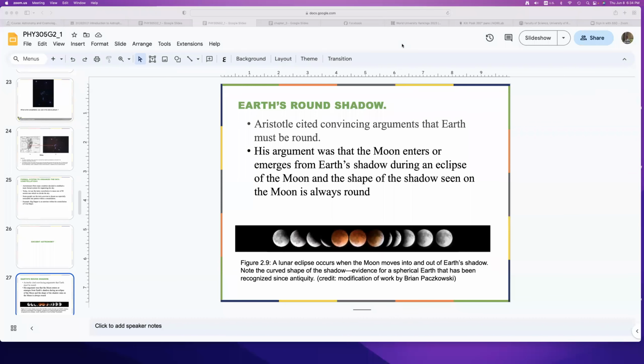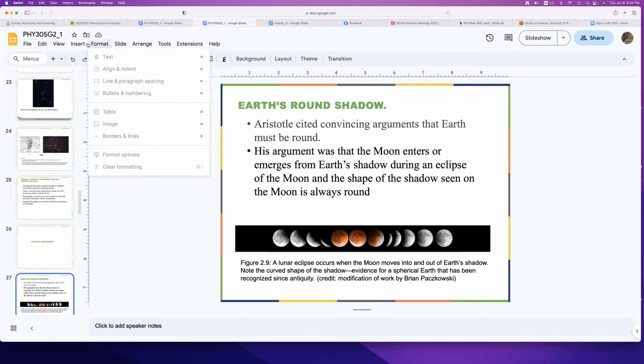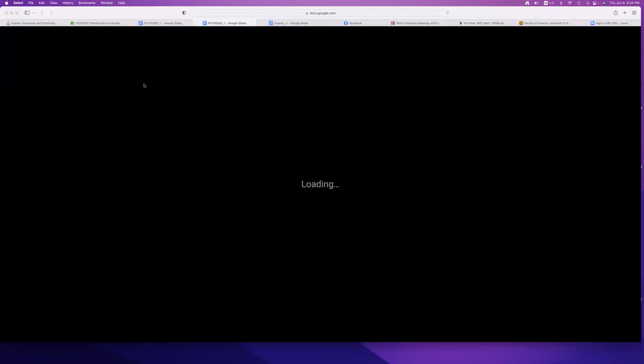Let me share the screen again. Right, so I would assume that you all can see the screen again, and let me switch this to the full screen on the slideshow.